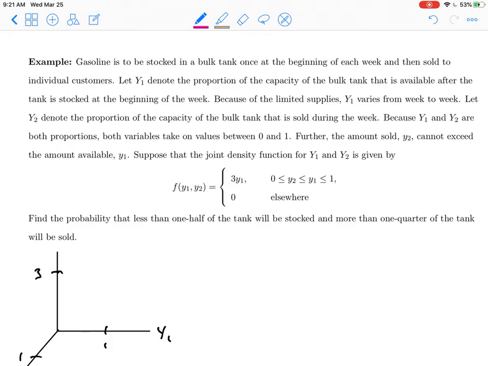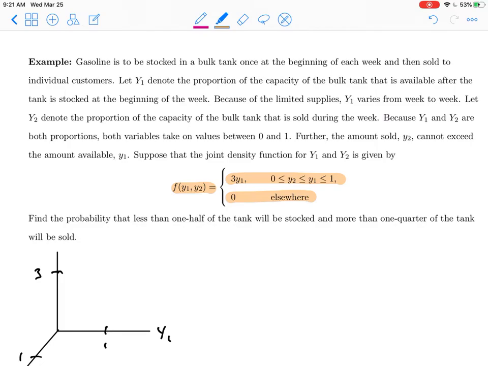Y1 and Y2 are both proportions, so both are going to take on values between 0 and 1. And how much we sell, Y2, we can never sell more than we have available, right? So our joint density function is going to be given by this right here.